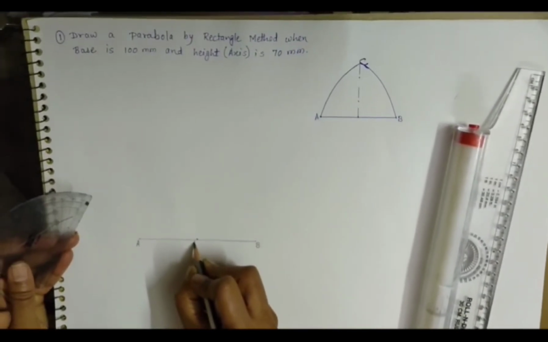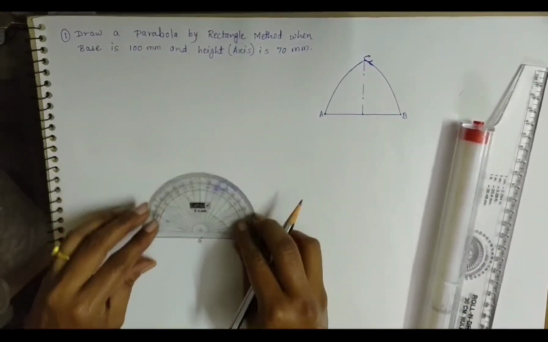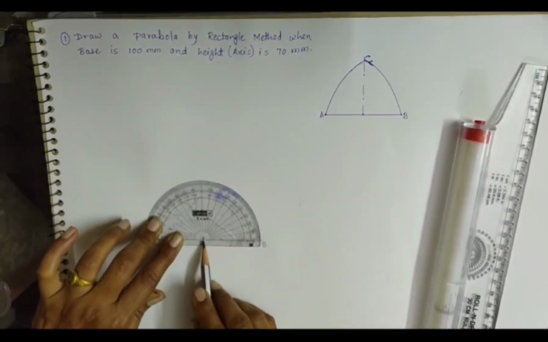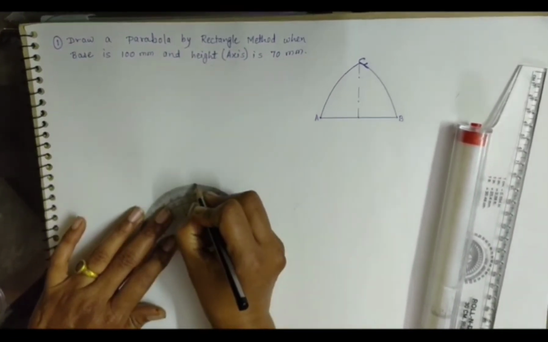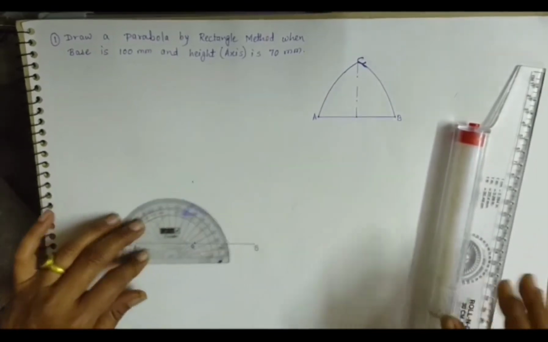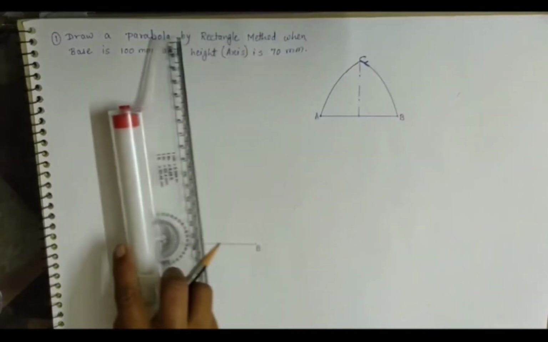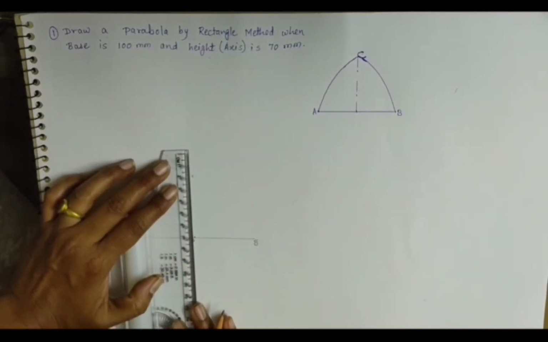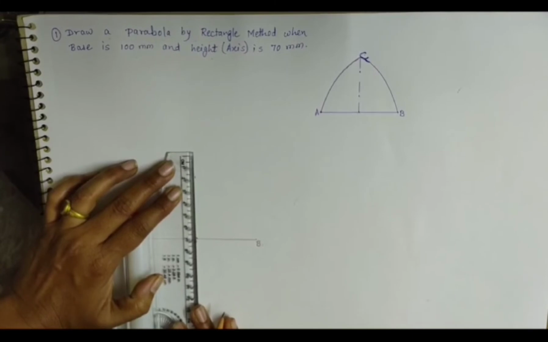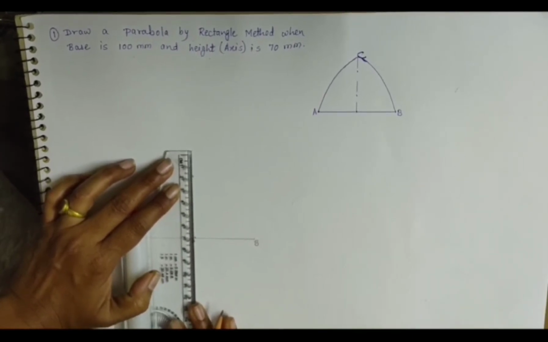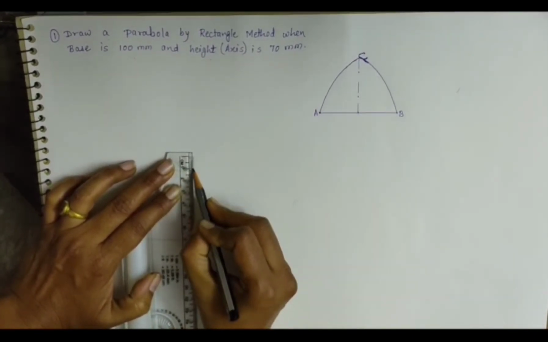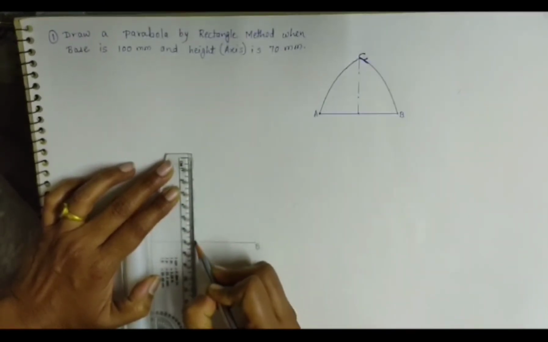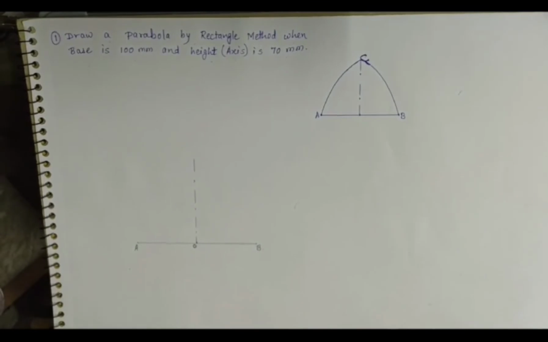We will mark a point O and put this protractor at center point and take a 90-degree line, which is perpendicular to AB, and this height should be 7 centimeter. This is the axis height.